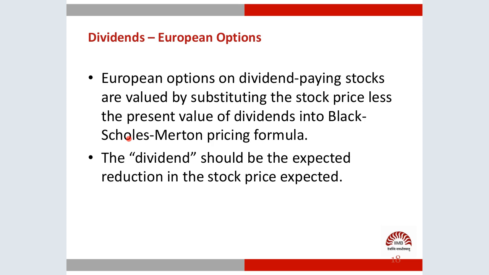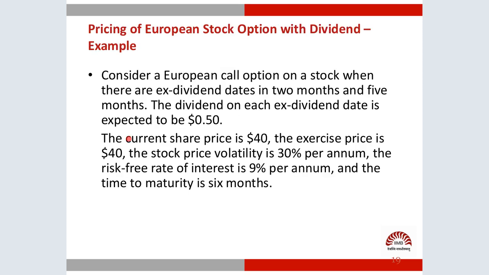European options on dividend paying stocks are simply valued by substituting the stock price with the stock price less the present value of dividends into the Black-Scholes-Merton pricing formula. The dividend should be deducted because the dividend is the expected reduction in the stock price. So let me show you one example.